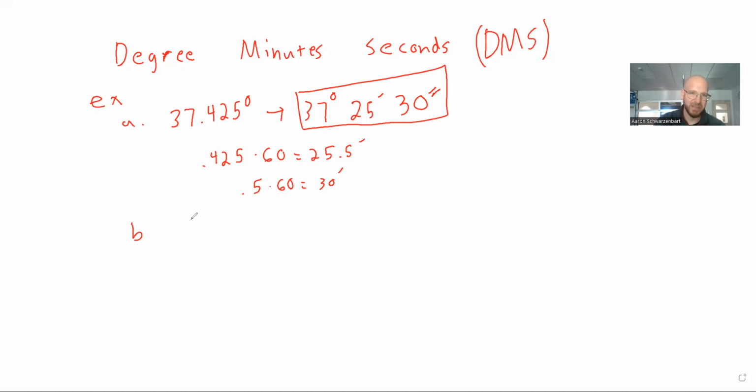We're going to go the other way in part B: 42 degrees, 24 minutes, and 36 seconds. So I know it's going to be 42 point something. I'm going to take those minutes, 24, and divide by 60. 24 over 60 is 0.4.